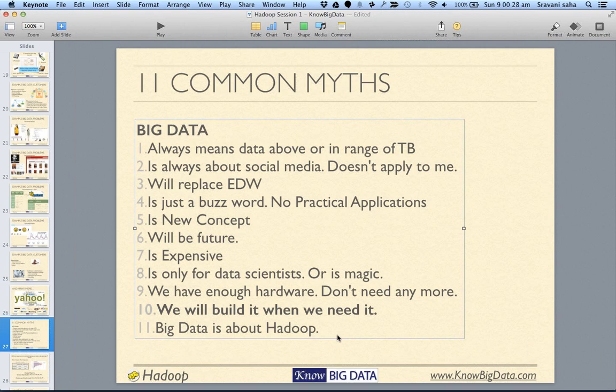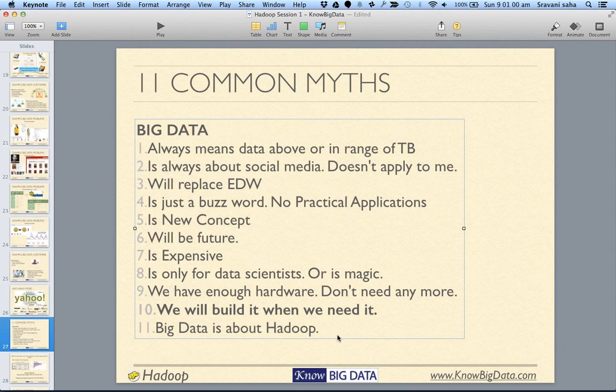All right, so it's not about hardware. Next, we will build it when we need it. This is probably the most fatal myth people live with. The problem with this statement is that people think they will build it when they need it.